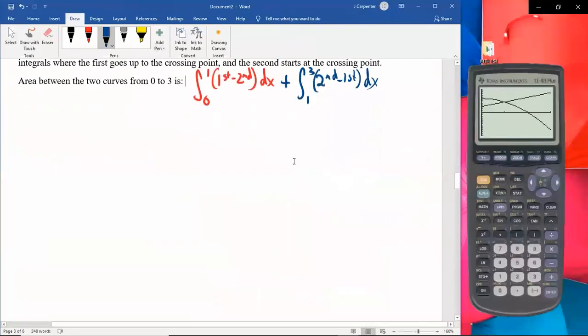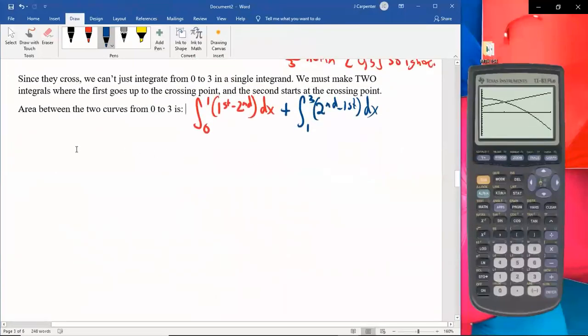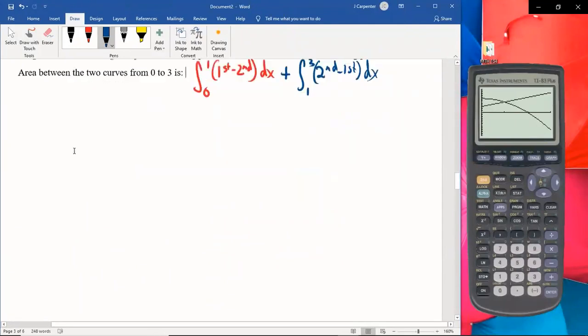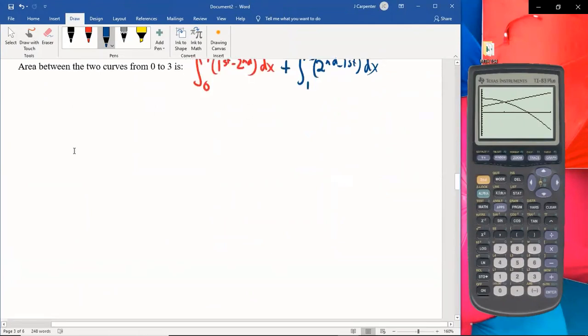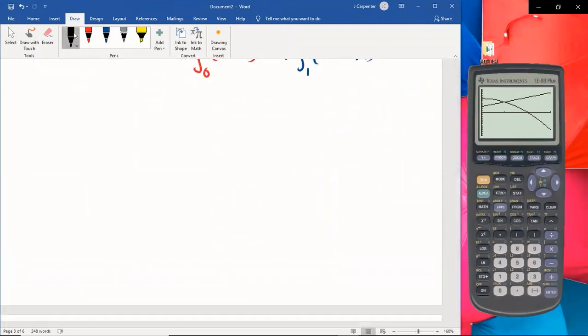Where do I want to put this? Trying to decide how much room I'm going to need for this. I think I can do it down here. So here's our parabola, basically.